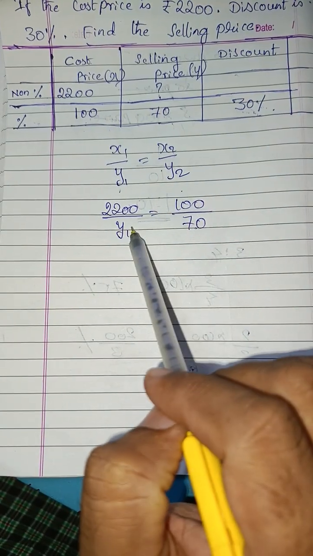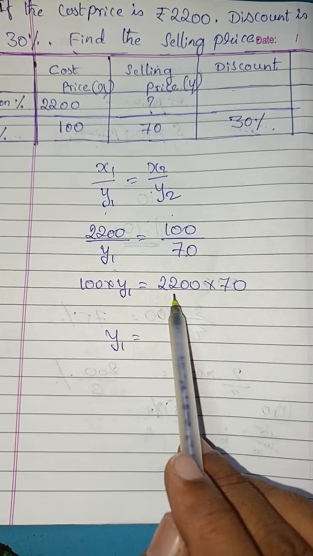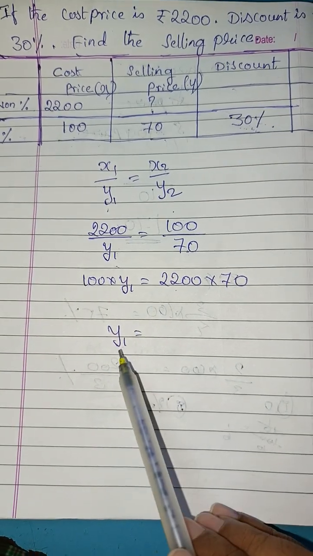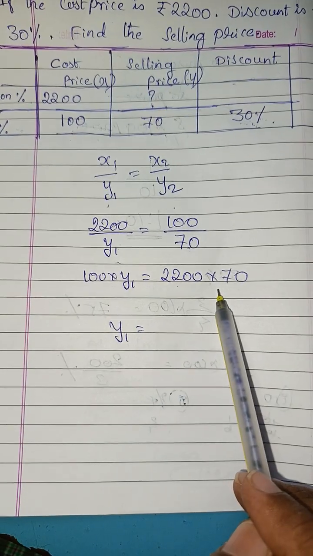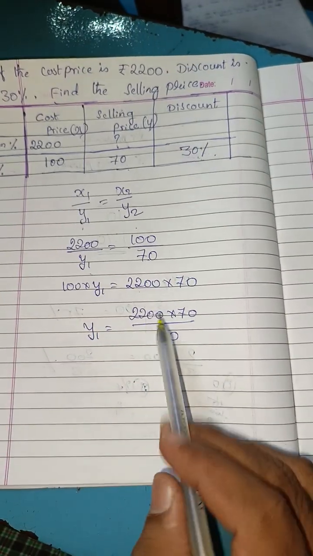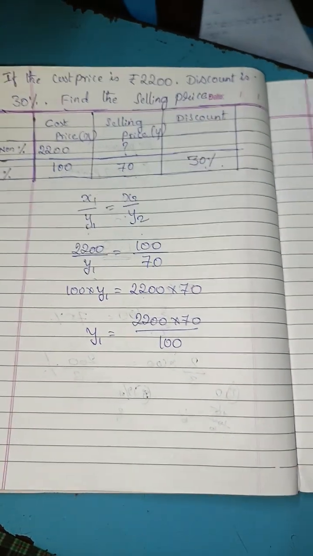So X1 is 2200, Y1 is the question mark, let it be Y1 only. X2 is 100 and Y2 is 70. Now do the cross multiplication. 2200 into 70, Y1 into 100. Now retain this Y1 here. Transpose this 100, transfer it to the right hand side. So it will be 2200 into 70 by 100.